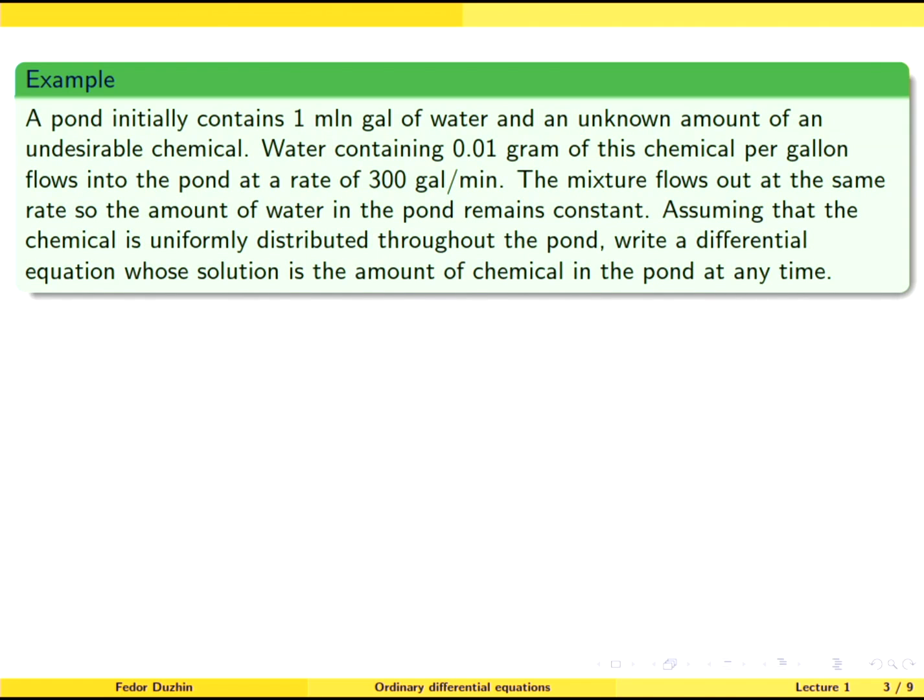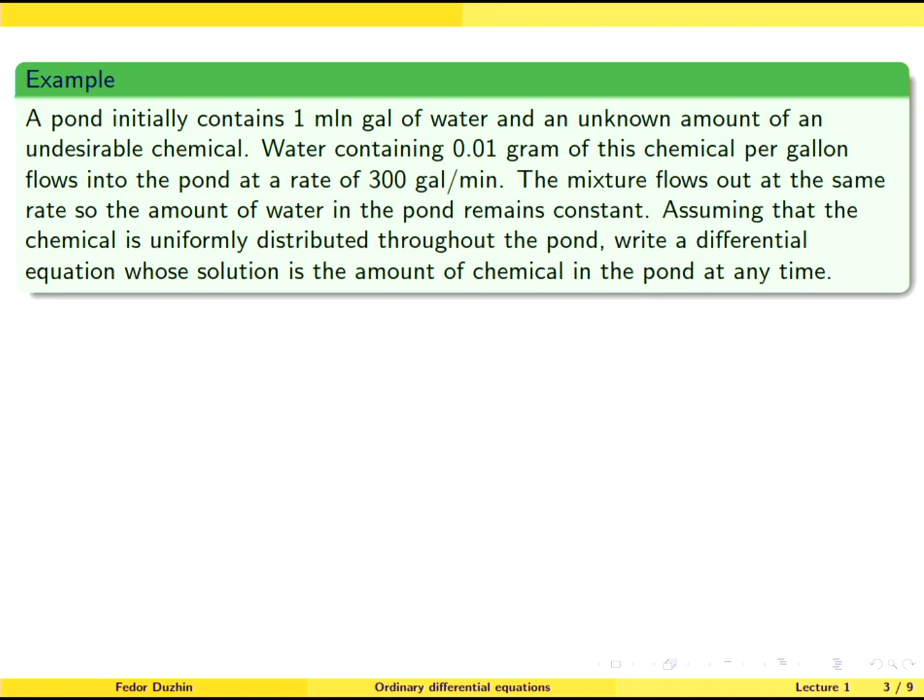All right, and a small extra example on modeling. Throughout the semester we're going to see many more examples of modeling, so I hope this is not too confusing. But anyway, it's not going to do any harm if I give you one more example. So a pond initially contains 1 million gallons of water and an unknown amount of undesirable chemical.